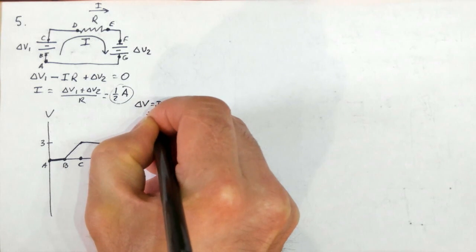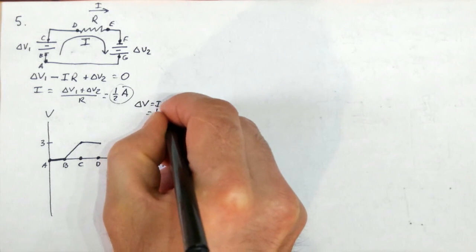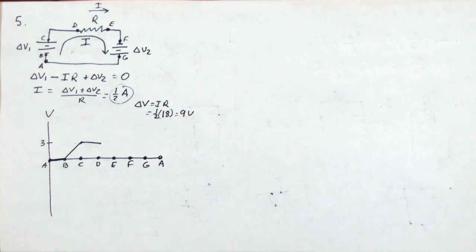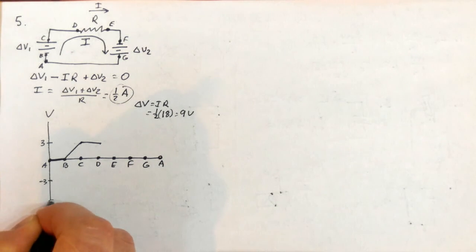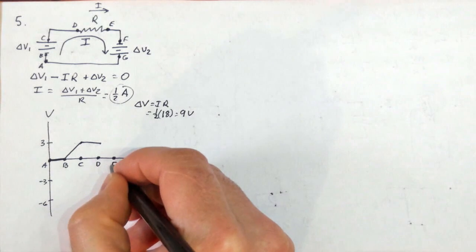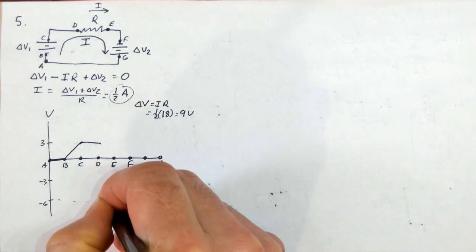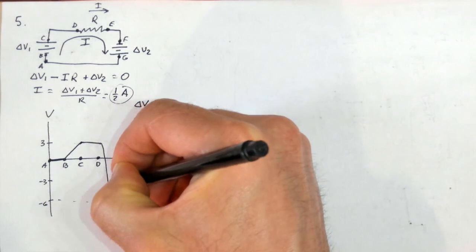So I get 1/2 times the resistance, which is 18, which gives me 9 volts. So I lose 9 volts. So that means I go 3, 0, minus 6. So at E, I've lost 9 volts, and I've got to drop all the way down there.